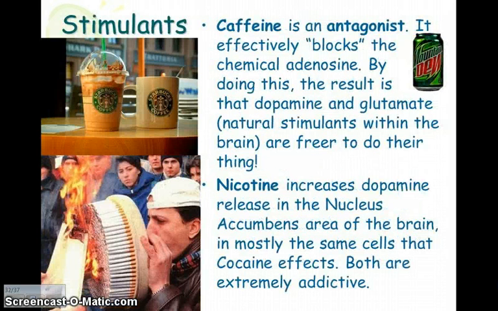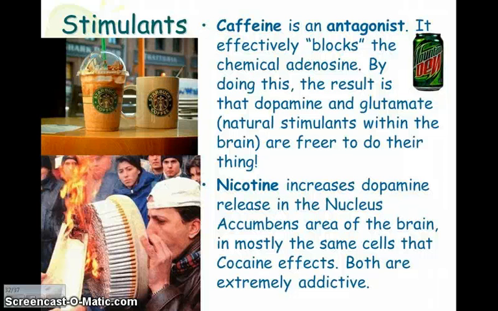Other stimulants, such as caffeine. Caffeine is kind of weird because people talk about it being a stimulant, and they think that the Mountain Dew or the coffee directly stimulates the brain. But actually, caffeine is an antagonist. In essence, it blocks certain chemicals in the brain from taking effect.